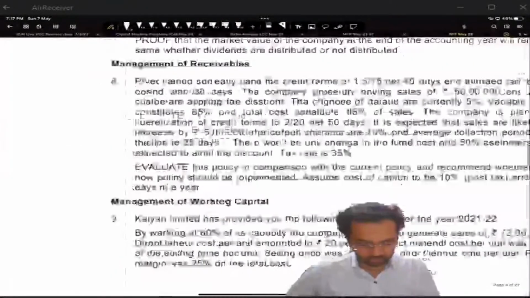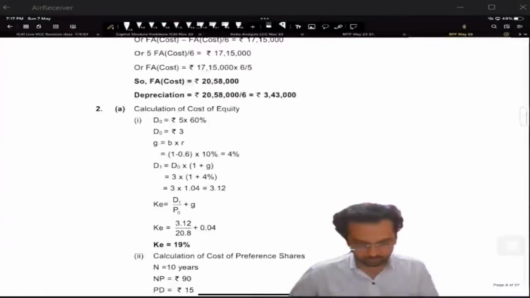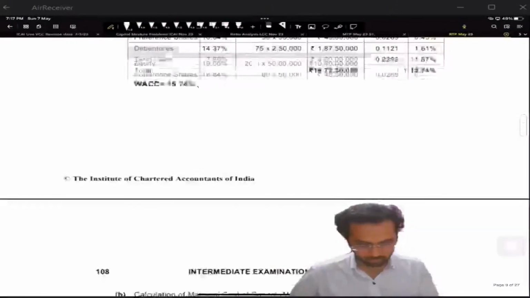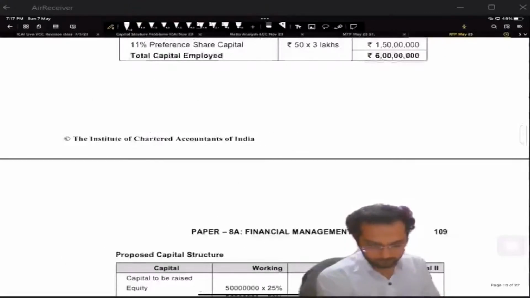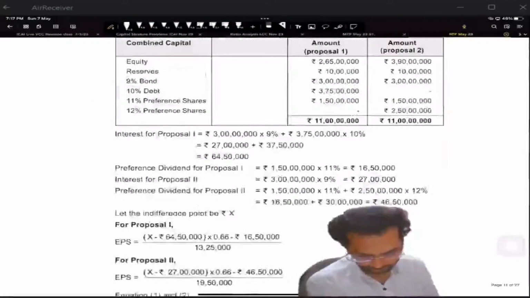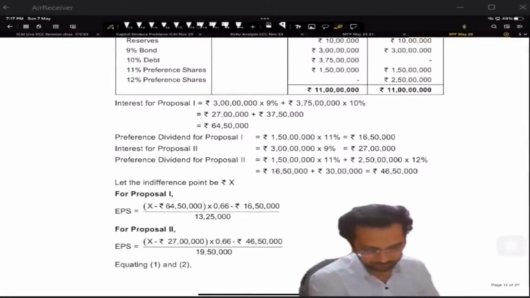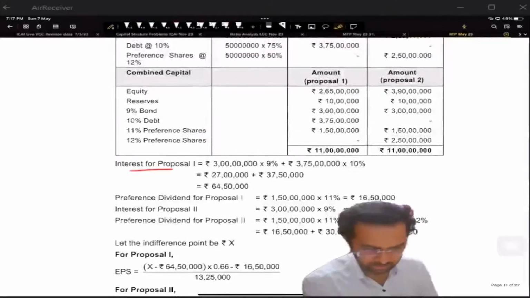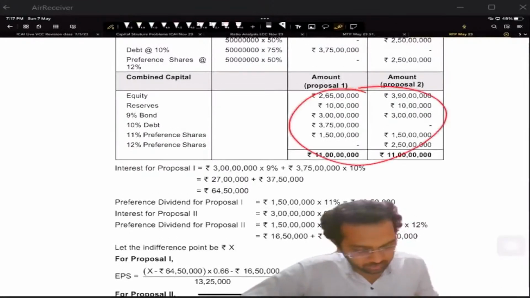So if you look at the equation that's formed, the EPS for the first plan, we can find the interest for the first proposal. This is what we have already stated.